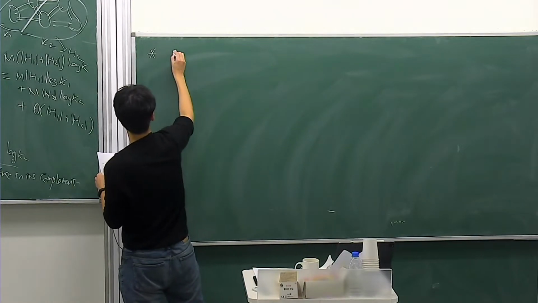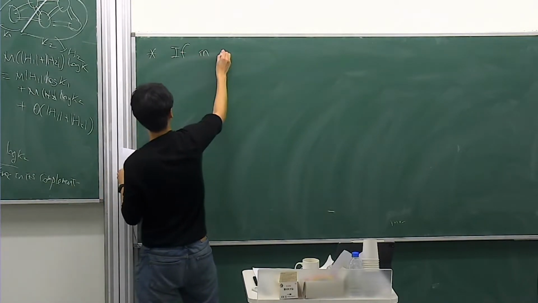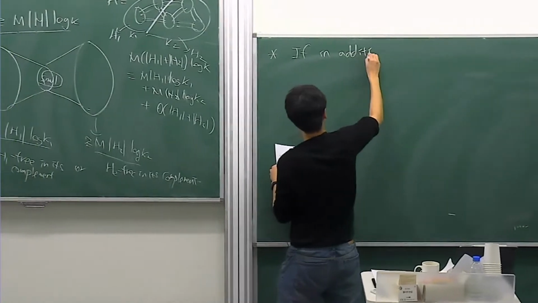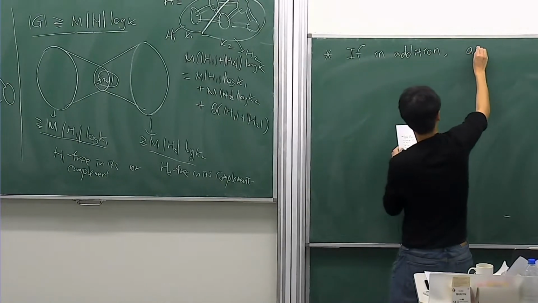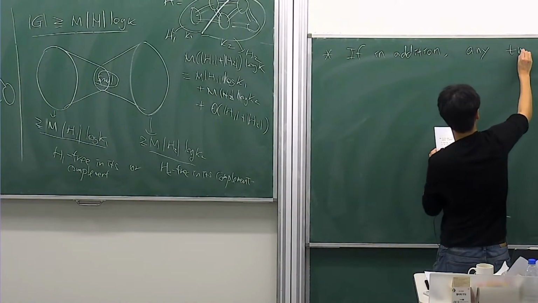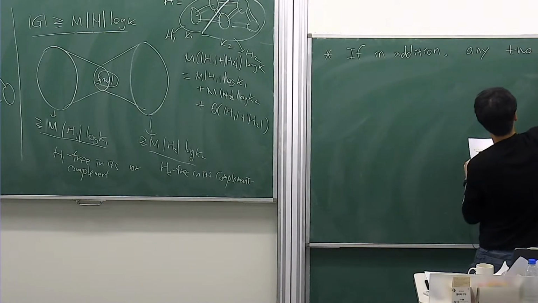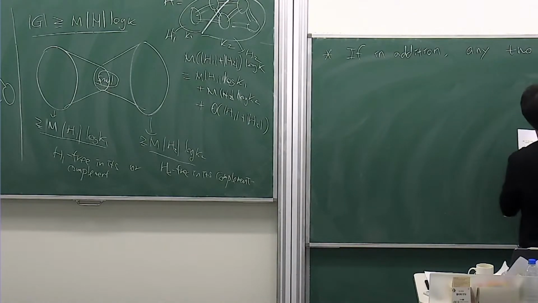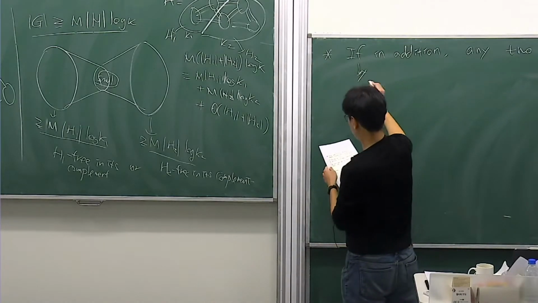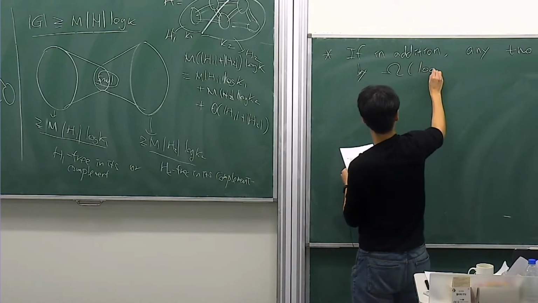So what we can prove is that if in addition any two large sets can be connected by many passes.